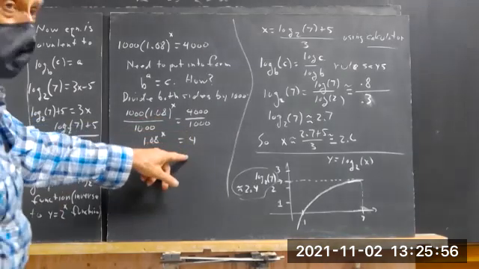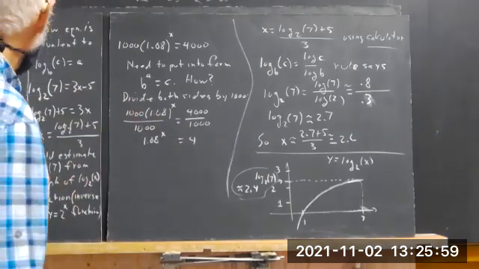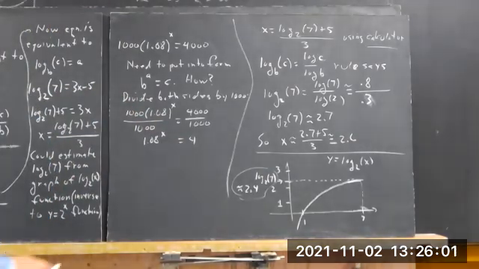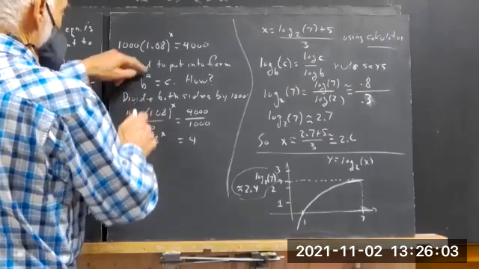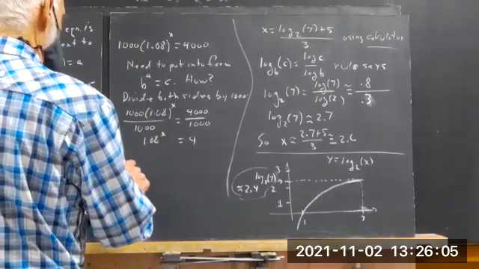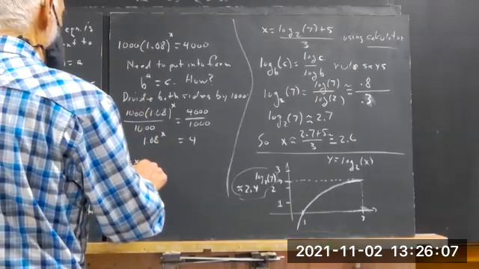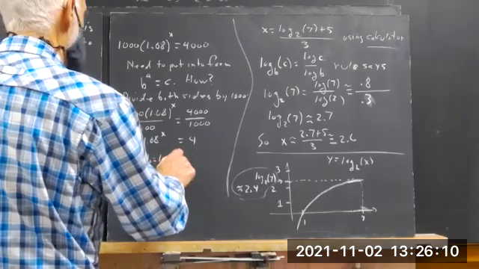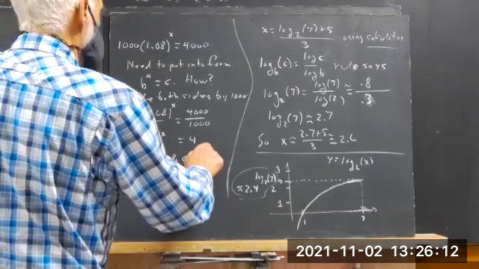At this point, we've got a very simple equation we can translate into logarithmic form. We first identify we're in this form with a equal to x, b equal to 1.08, c equal to 4.